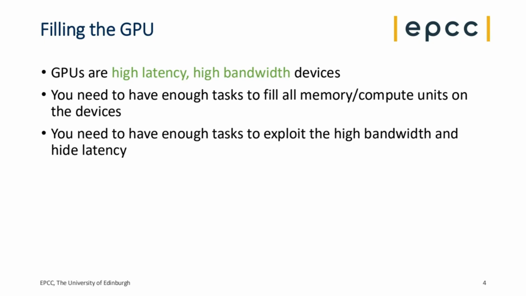But when you're doing a single transfer of data between the different levels of memory on the GPU or from the host, there is a high latency cost with that. So we often talk about overlapping compute with moving data around in order to hide the latency costs associated with that data movement. Obviously, you need to have enough tasks to fill your GPU and the compute units that are on there. You don't want to have compute units that are idle.